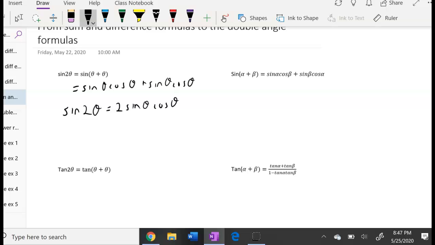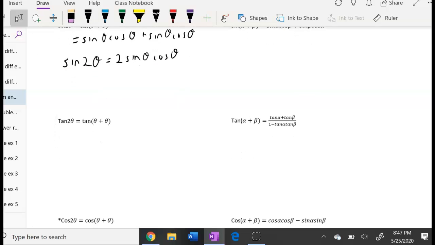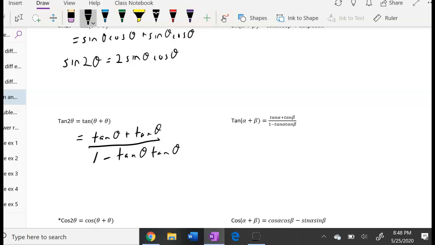Okay, let's look at the tangent. So we're going to use the tangent formula, and imagine again that alpha and beta are both theta. So we would end up with the tangent of 2 theta being the tangent of theta plus the tangent of theta over 1 minus the tangent of theta times the tangent of theta.